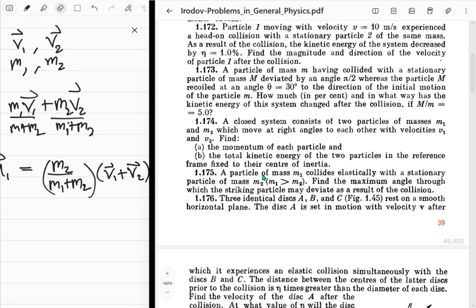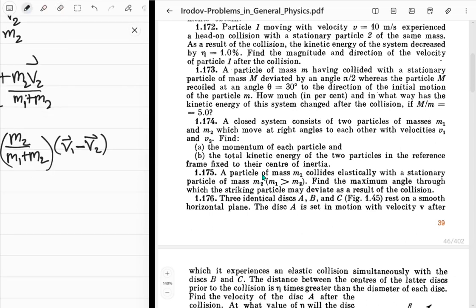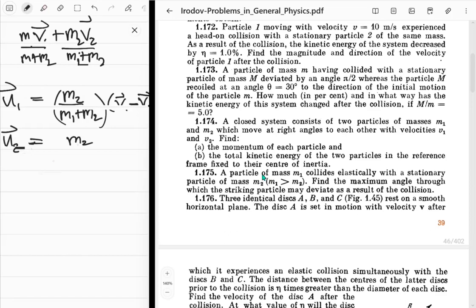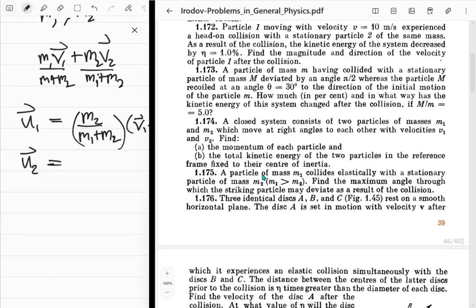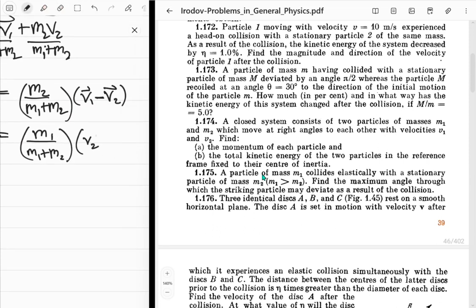And similarly, by symmetry, u2 vector will be m1 upon m1 plus m2 times v2 vector minus v1 vector.